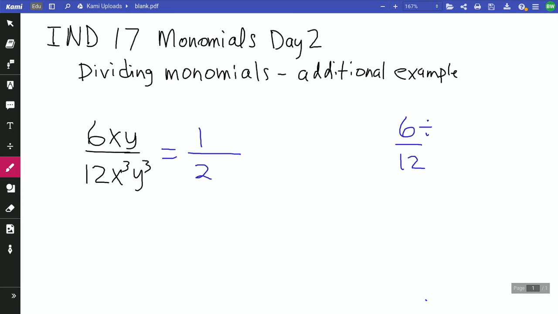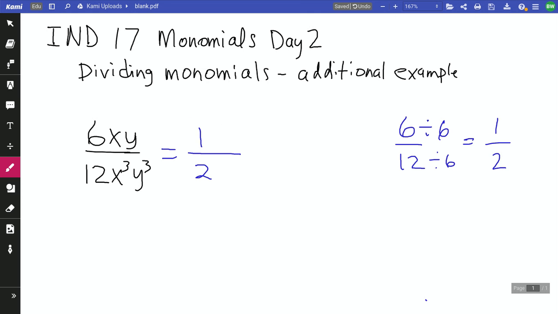So we divide the 6 by 6 and also divide the 12 by 6. 6 divided by 6 is 1 in the numerator, and 12 divided by 6 is 2. So we've reduced it to 1/2, and that's what we have over here.